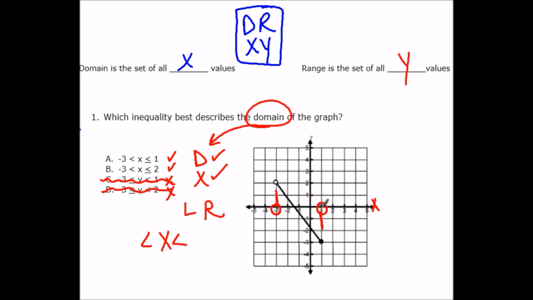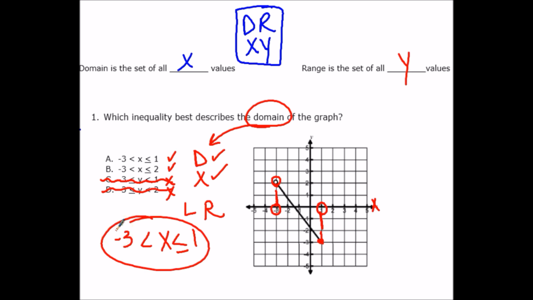All right, and so my left number was -3, my right number was a +1, and if I notice, at -3 I go up, it's an open circle. Open circle, remember, is not included, so I'm not going to put it equal to. But if I go over to the right, 1, and I go all the way down, BAM! That's a solid circle. So solid circle gives me a solid line, which is an equal to. Therefore, this is my domain.